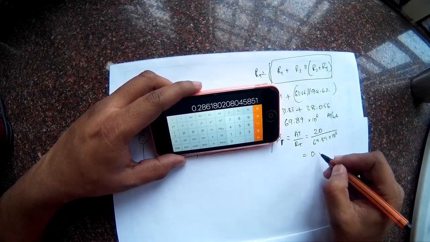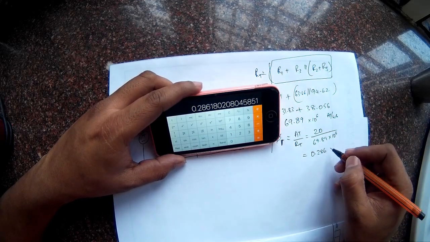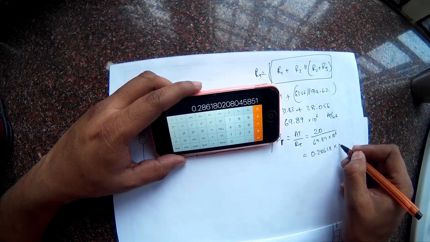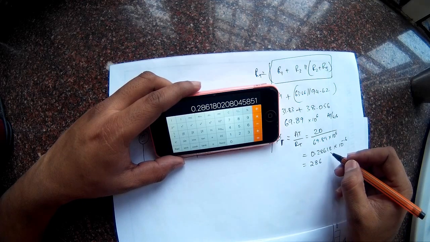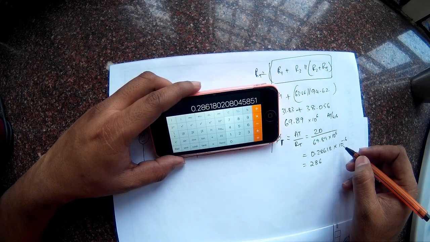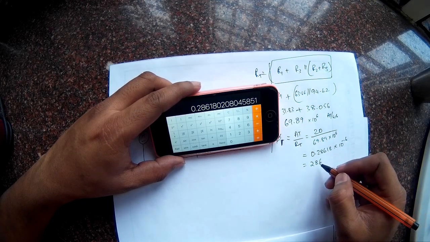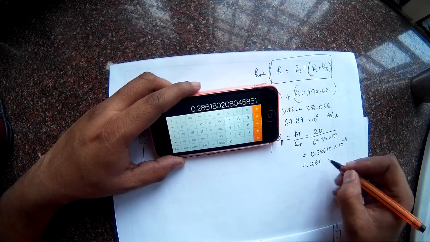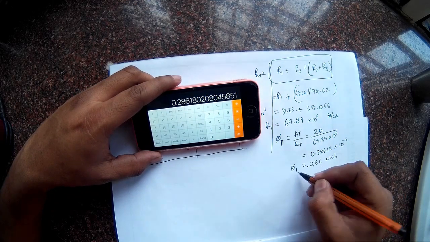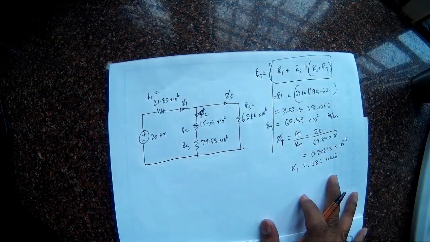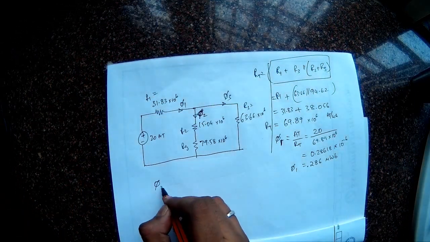So I get it 0.28618 into 10 power minus 6, or no 0.286 microwebers. Okay, so this is the total flux. Okay. But then my real unknown is what is phi 2.